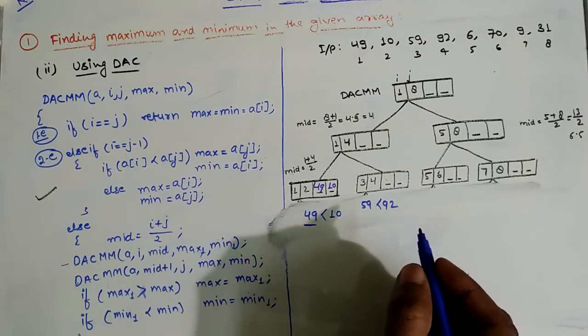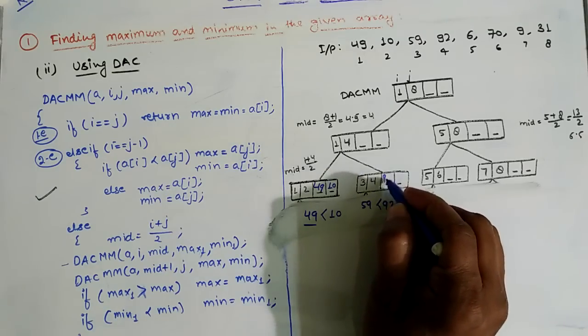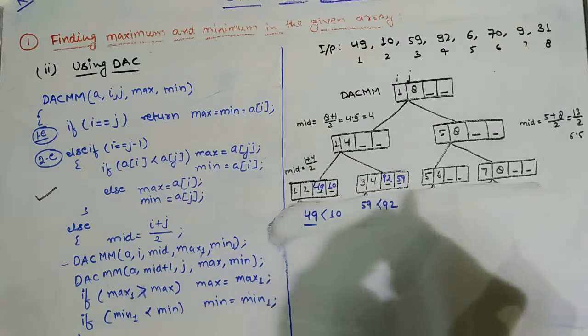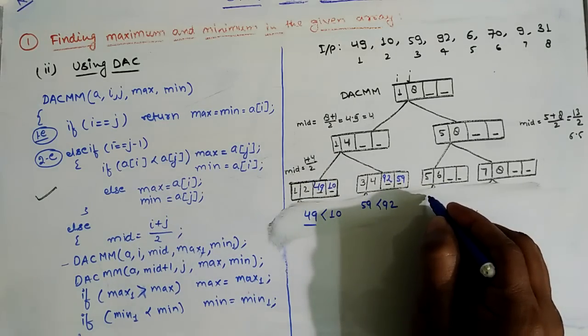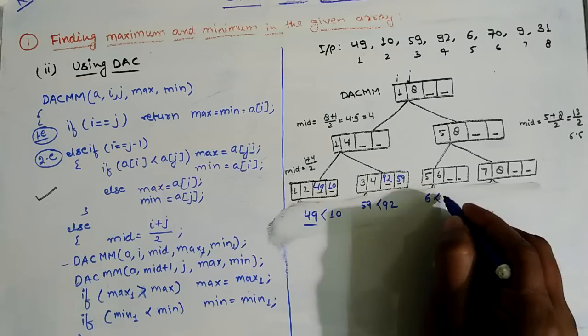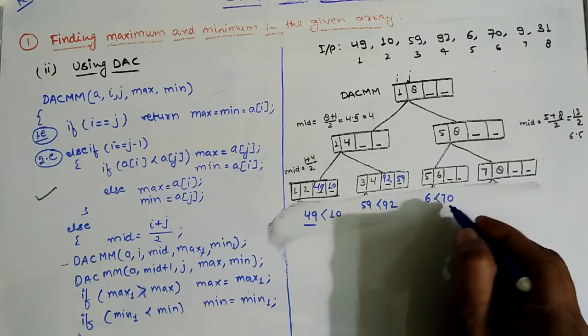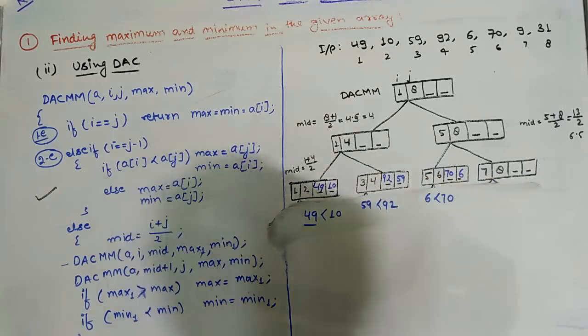Yes, it is less than 92. It means max is a of j, so 92 is the maximum element and 59 is the minimum element. Now for 5 and 6, I check whether 6 is less than 70. It will say yes. So the max element would be 70 and the min element would be 6.